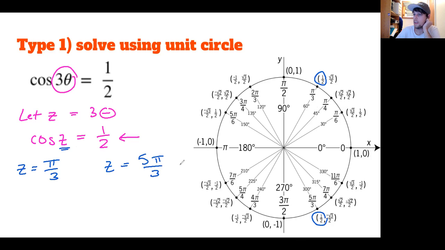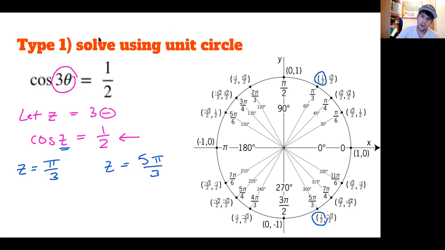But we are not done. Those are not solutions for theta. And we have to be careful. In this case, once we have modified this argument for our trig function, there may be more solutions hidden in here. So I'm going to unsubstitute, but I'm also going to consider one aspect here.